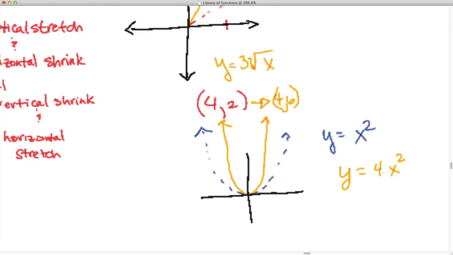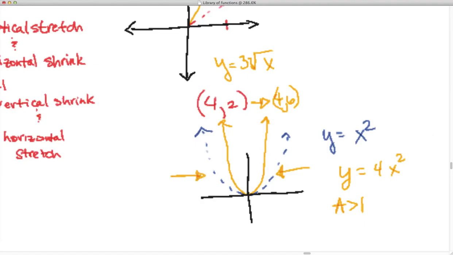So you can see that when a was greater than 1, what happened? Well, we had a vertical stretch, meaning we pulled it longer vertically, and horizontally we shrank in. We moved in this way. Okay.